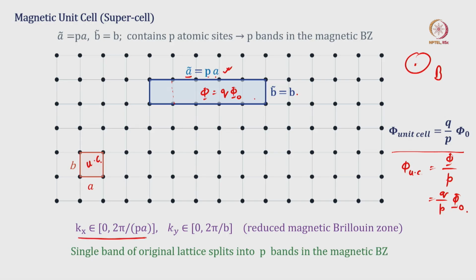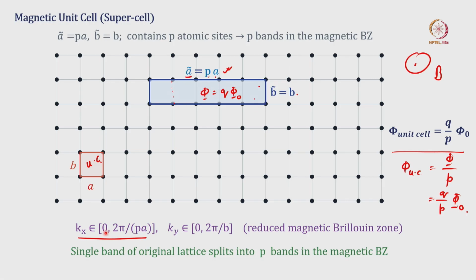Because this is a magnetic unit cell that repeats everywhere, it is called a magnetic unit cell, or we can also call it a supercell. Mathematically they are the same thing.